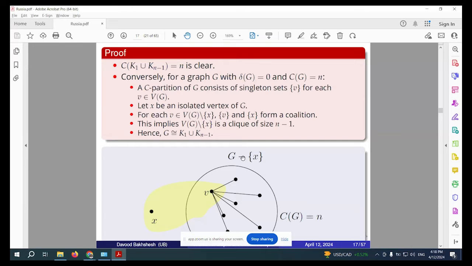This implies that the set V minus x is a clique of size n minus 1. Then we conclude that G is isomorphic to the union of K1 and K(n minus 1).